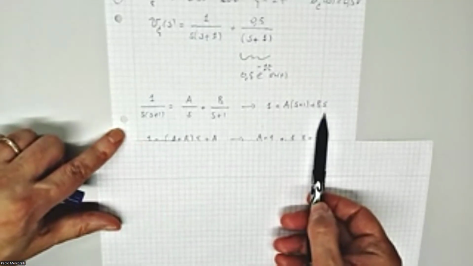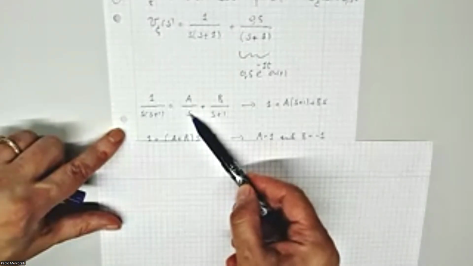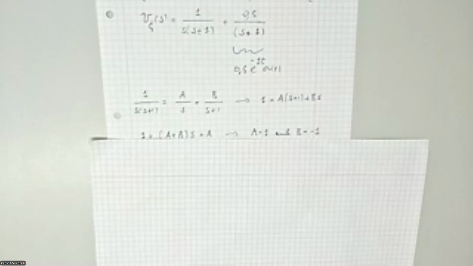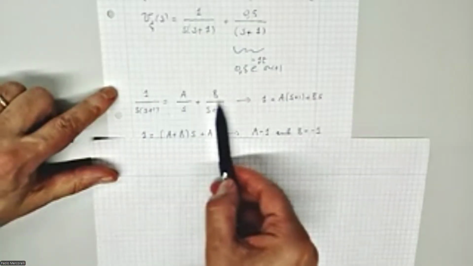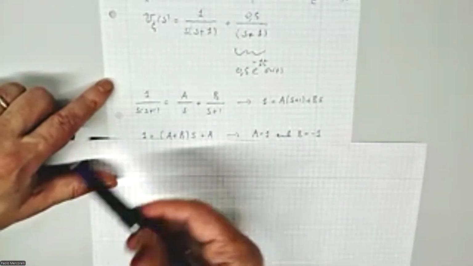The idea is to isolate, let me say, the effect of sigma in the system. In any case, I would like to mathematically have a decomposition into elementary elements.